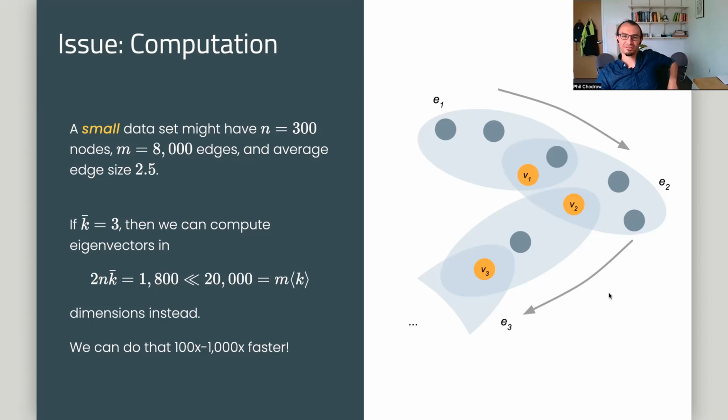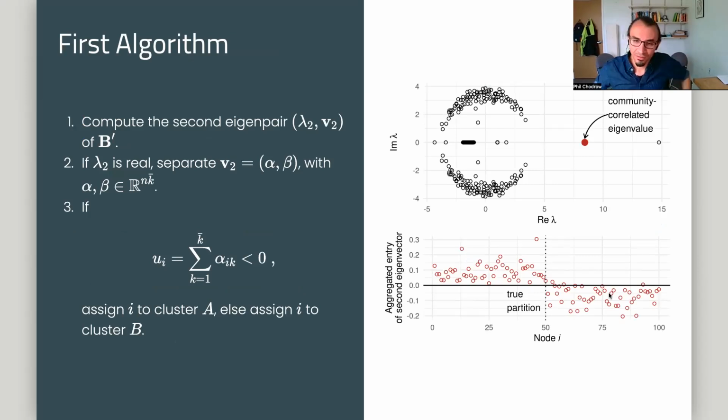So this suggests a first algorithm for the clustering problem. I've been hinting at it, and now I'll state it formally. In the first algorithm, we compute the second eigenpair of either the original operator B or the smaller operator B prime. If the corresponding eigenvalue is real, we take the corresponding eigenvector.